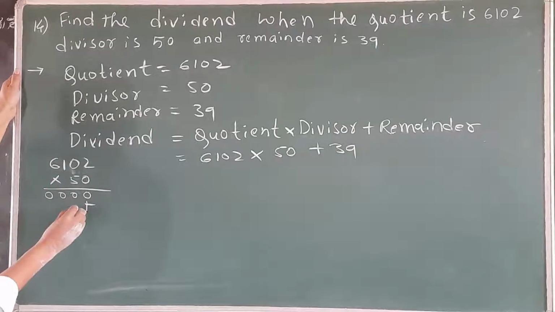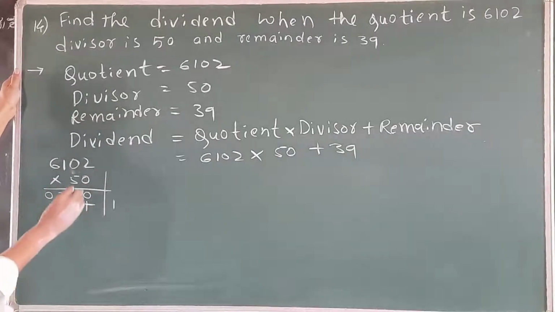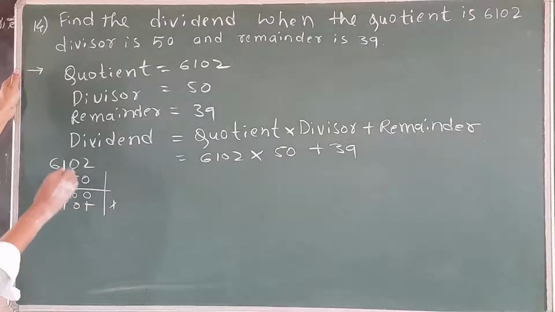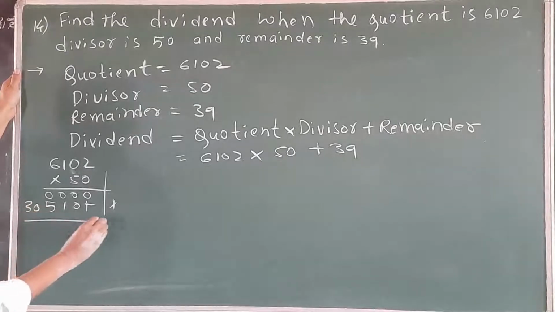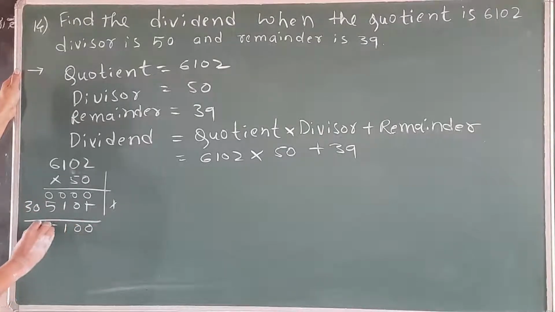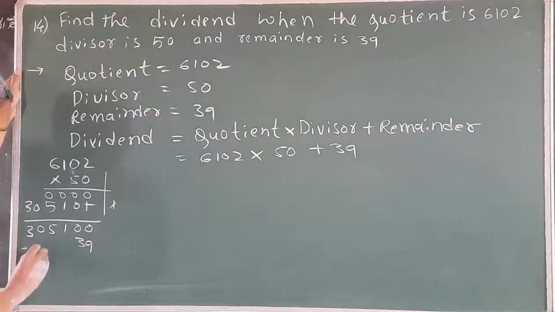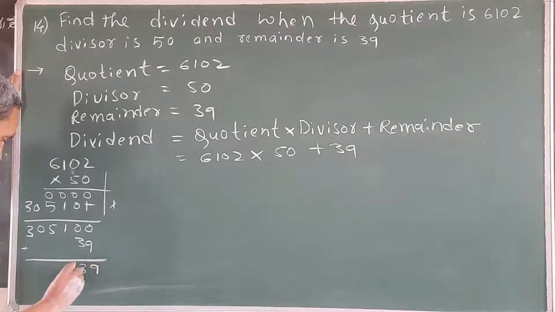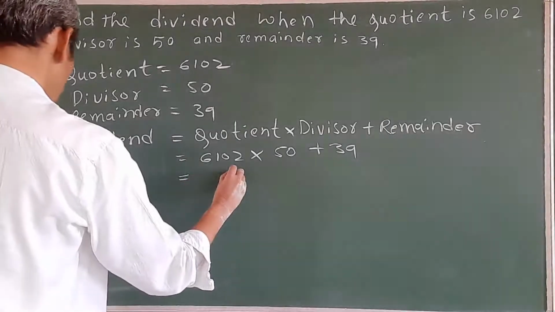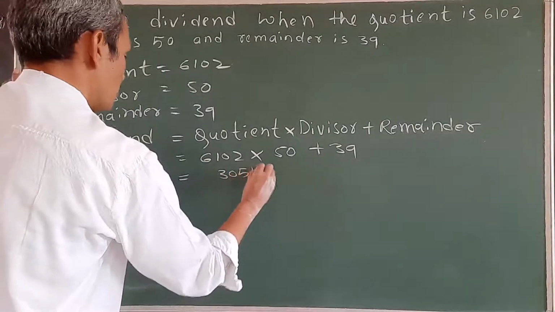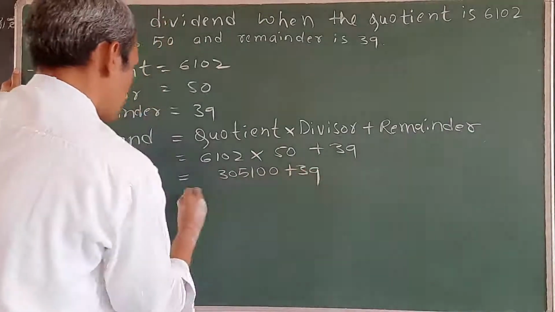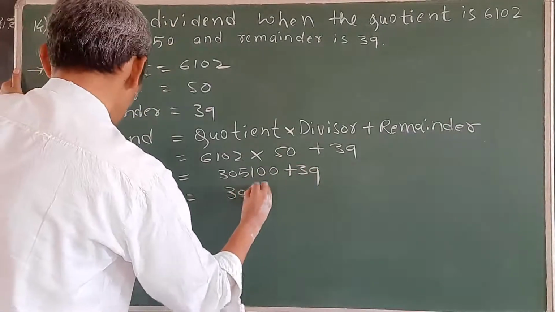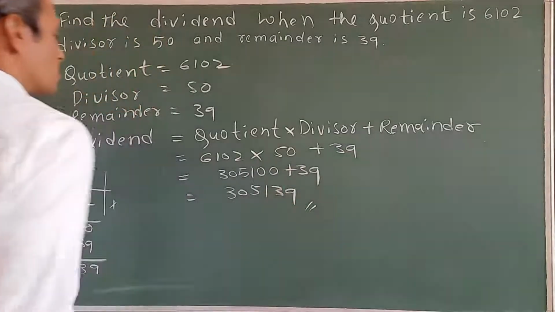So 5 into 2 is 10 and 1 carry. 5 zeros are 0 plus 1 is 1. 5 ones are 5. 5 6s are 30. After this, we add the remainder 39. This one is 305100 plus 39. After adding this one, we will get 305139. This one is the dividend.